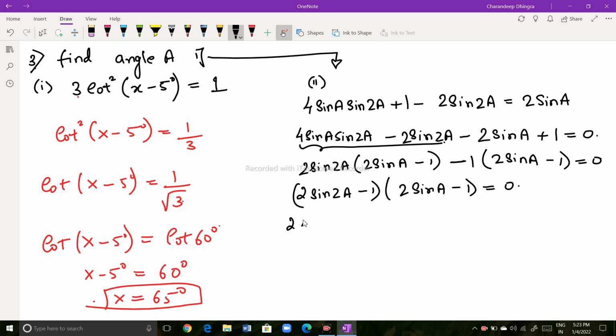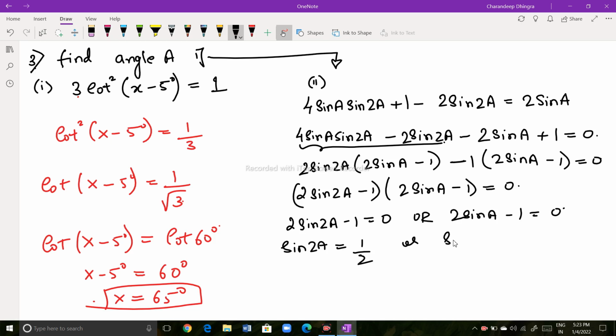So now I can say 2 sine 2A minus 1 equal to 0, or 2 sine A minus 1 equal to 0. So I can say sine of 2A is equal to half, or sine A is equal to half, right?